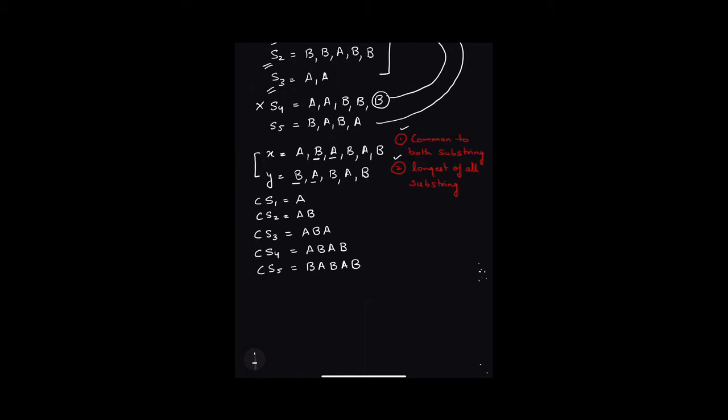Then I'm having A, then B is also there, A is also there and B is also there. So I can say that yes, this is the subsequence that is common to both of them, plus this is the longest of all, having the length of 5. So this is what we mean by the longest common subsequence.